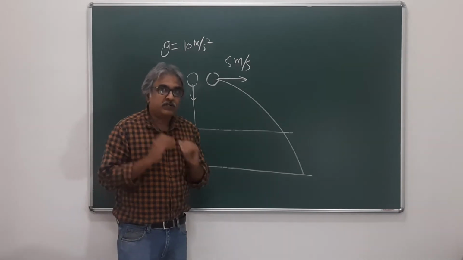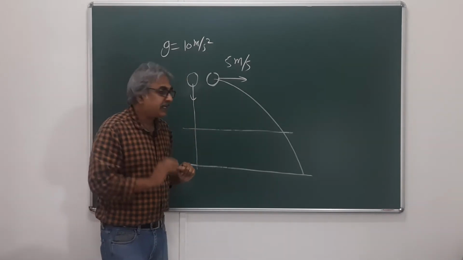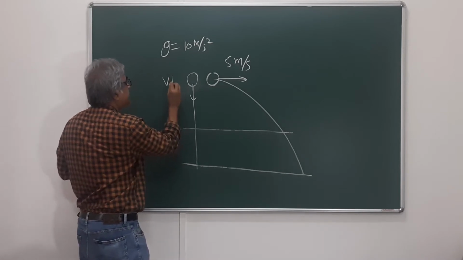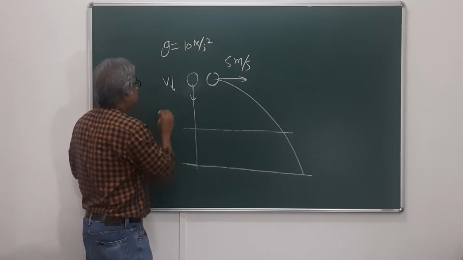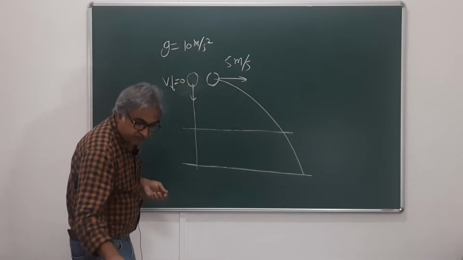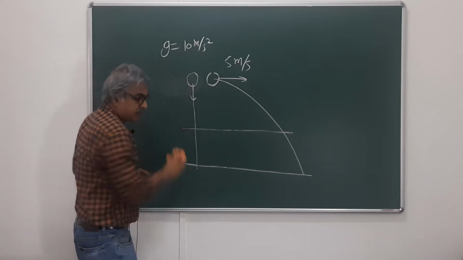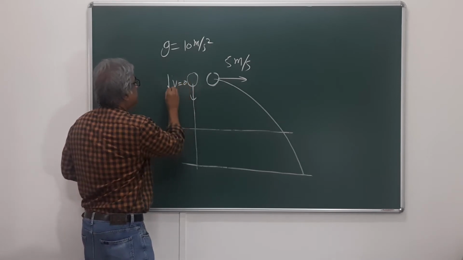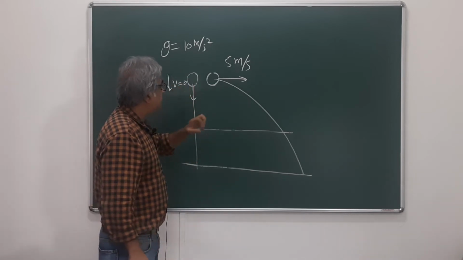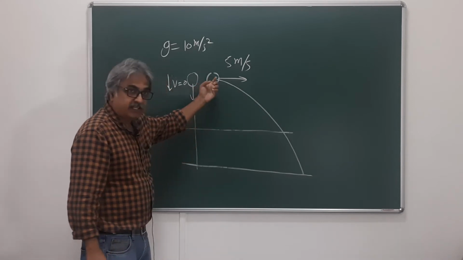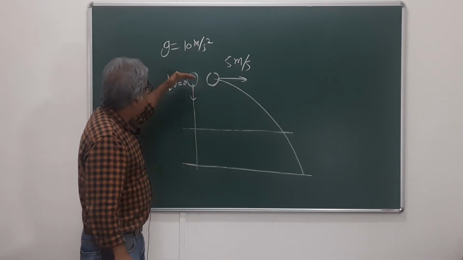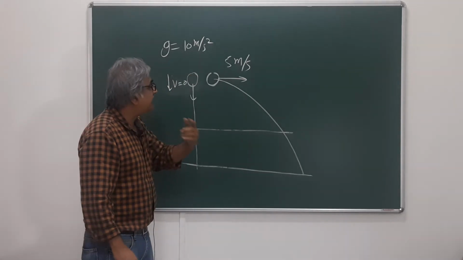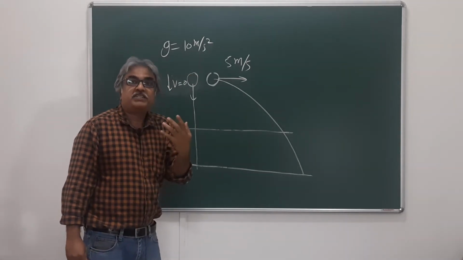Now let's get into details. We have seen that the initial vertical velocity of this ball is 0, and the same is with this ball. Now let's say after 1 second, what will be its velocity?